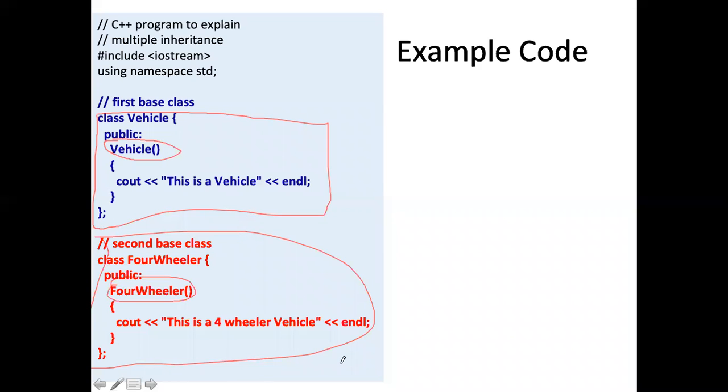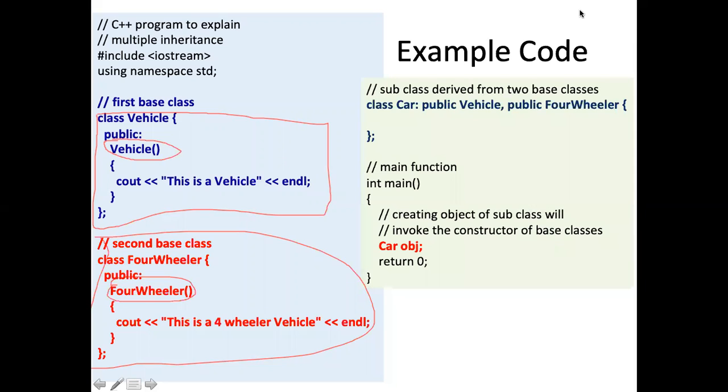Okay, so now let's define the derived class here. The name given to that derived class is car. This is the name of the derived class, car, followed by the access mode and the name of the first base class, access mode, obviously you have to put a comma here, followed by the name of the second base class.